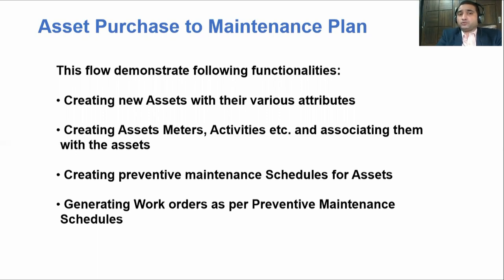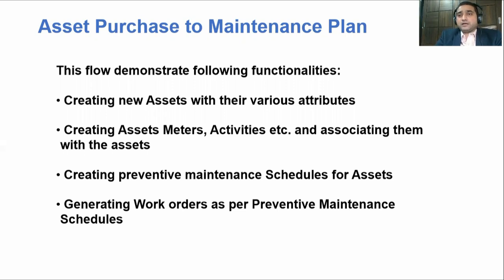Those are activities specific to the asset, which we can associate to that asset while creating it. Then creating the preventive maintenance schedules for the asset, and then generating the work orders as per the preventive maintenance. So these are the key functionalities in the asset purchase to maintenance plan.